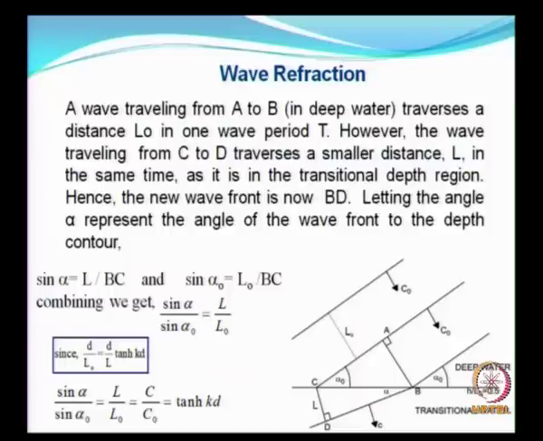Now, we have already seen from the dispersion relationship that d by L naught equals d by L into tanh kd. Because of which you can now get an expression which relates the angle, celerity, and which will be equal to tanh kd, tan hyperbolic kd.